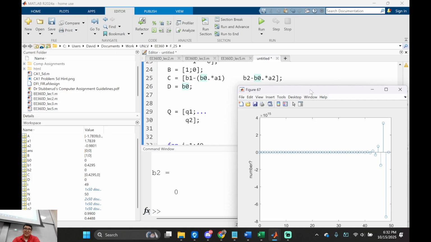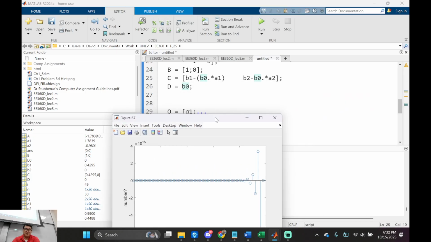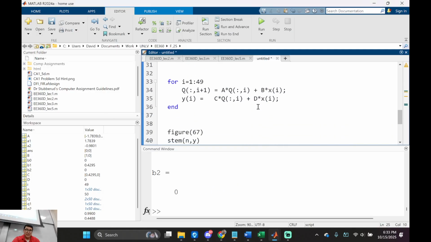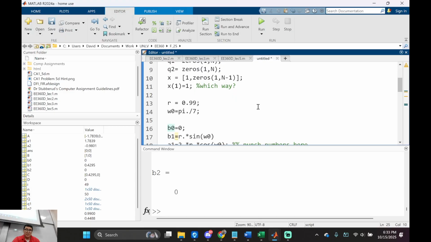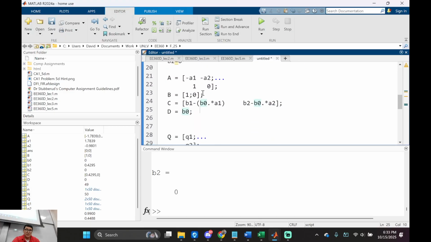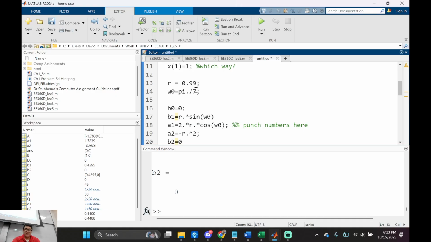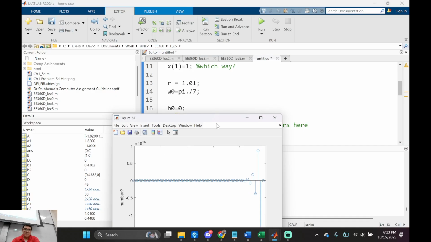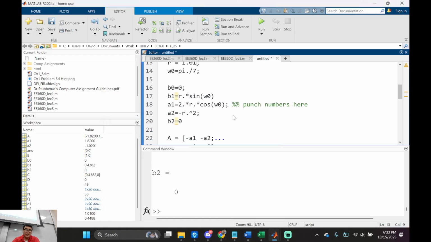What the heck? B0 times A1, B2, B0 minus A2. So it blew up. Why did it blow up? It blew up. 0.01. Why is it blowing up? B1, R2, let me see.